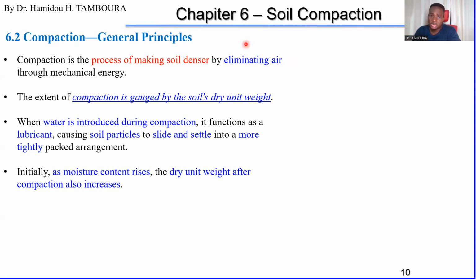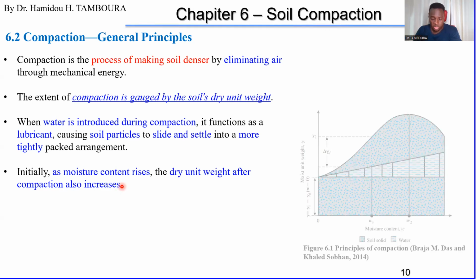But remember that we use the dry unit weight to judge if the compaction is good or not. Okay, so by increasing the moisture content, the water content, the dry unit weight of compacted soil increases.